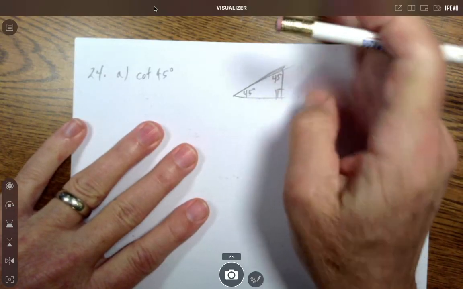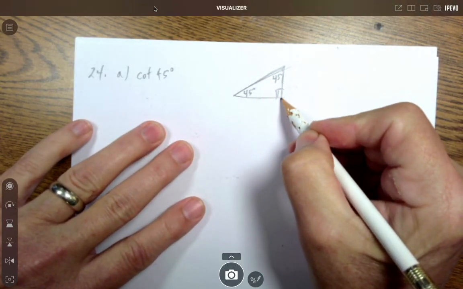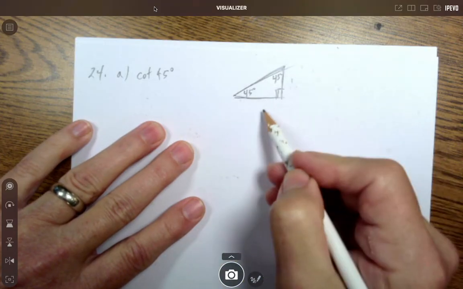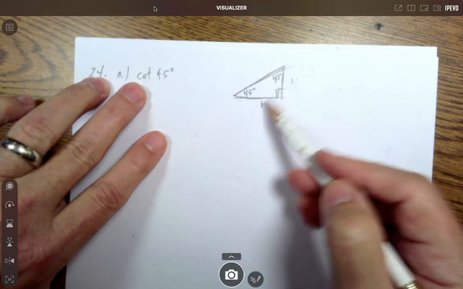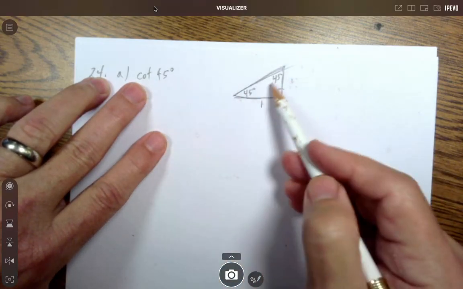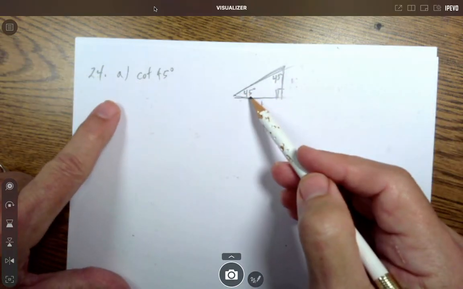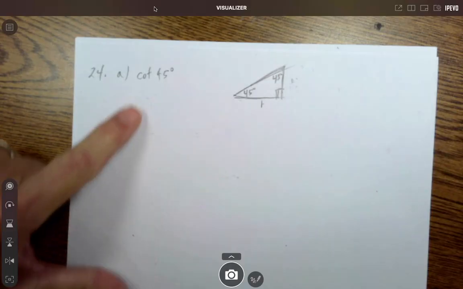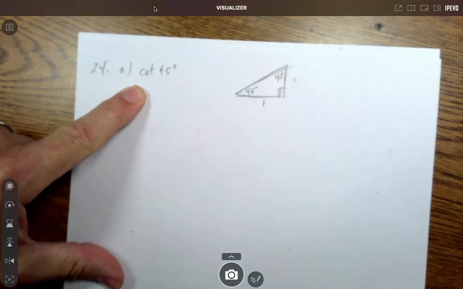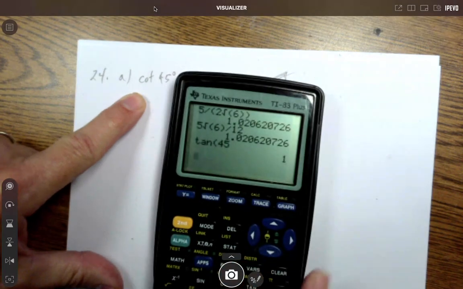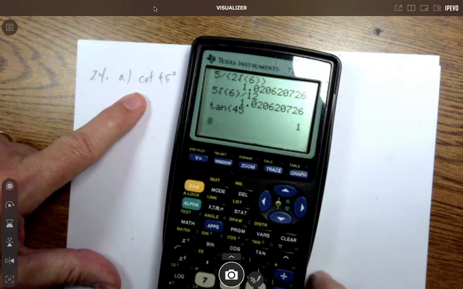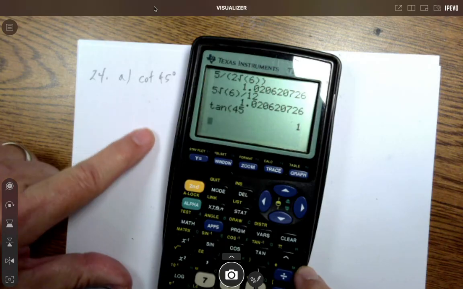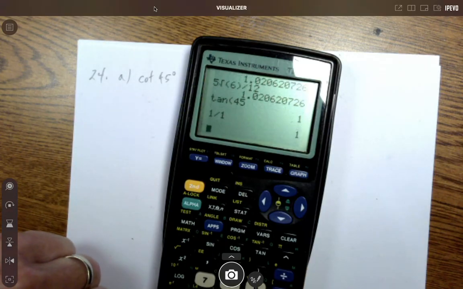So whatever length this side is, the same length as this side is. So if this side's 1, this side's 1. And cotangent and tangent both are just the ratio of these sides. But it really doesn't matter because the cotangent of 45 is going to equal the tangent of 45, right? But I want cotangent. So cotangent is just the reciprocal of tangent, right? And what's the reciprocal of 1? It's 1. So if I do 1 over 1, I still get 1. Okay.